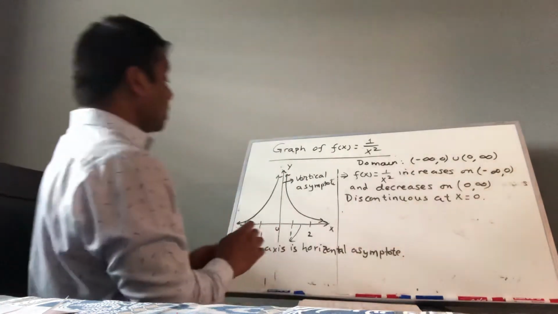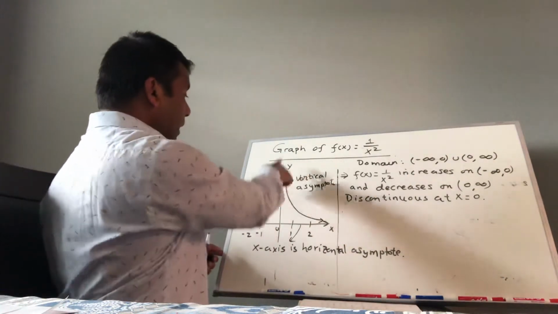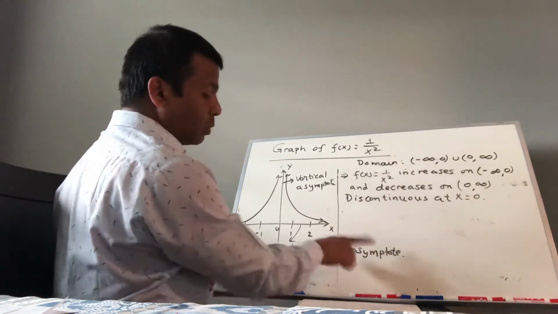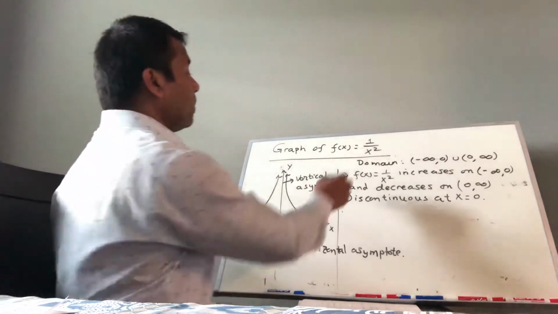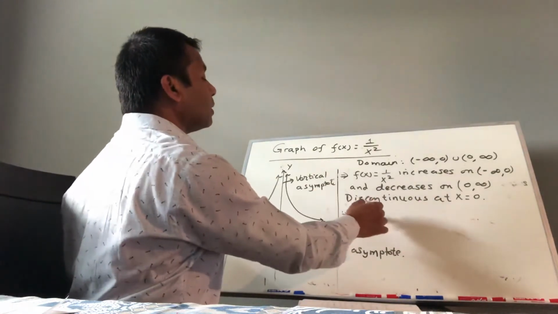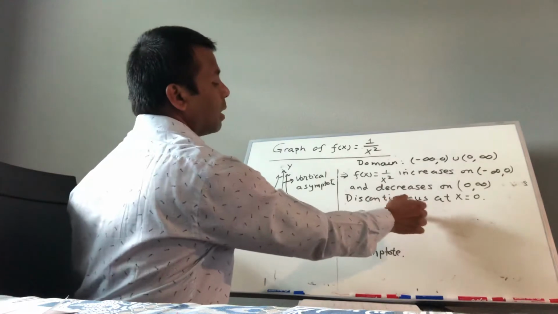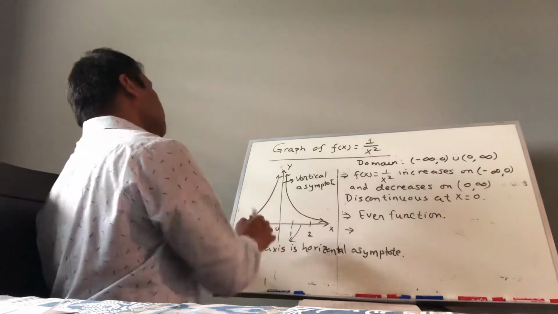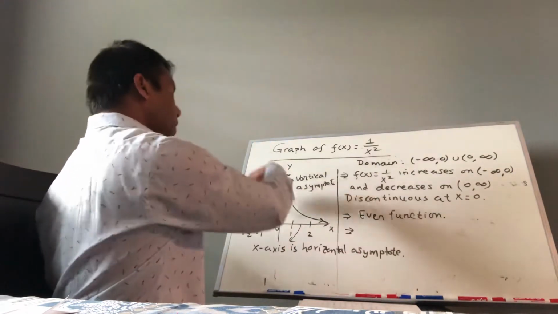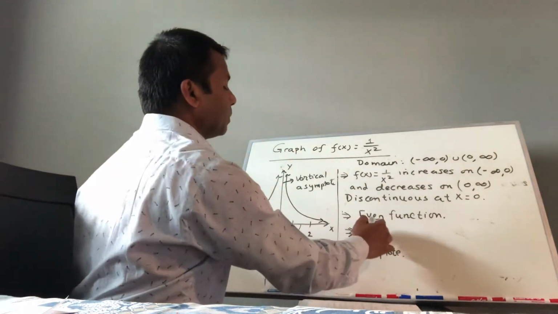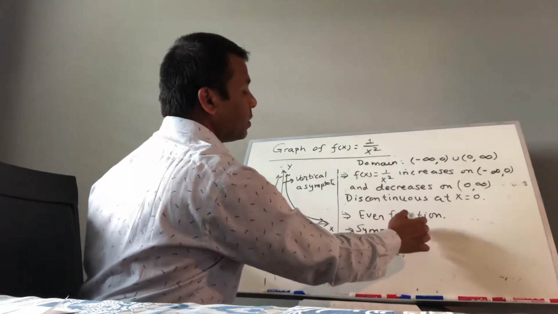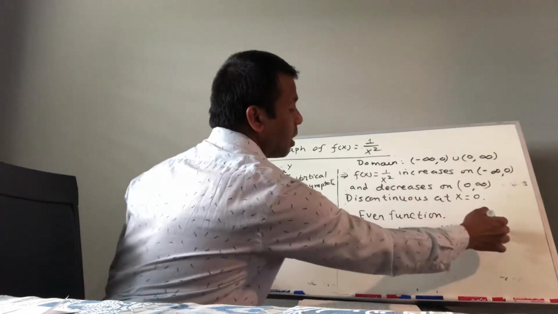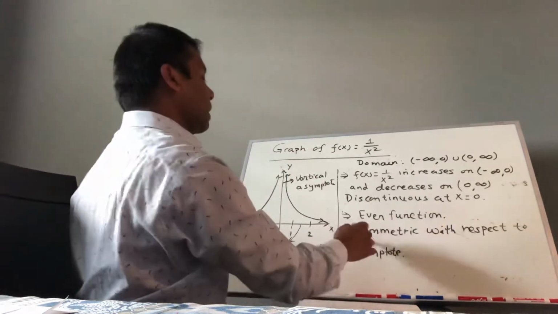And I already wrote down here that the y-axis is the vertical asymptote and the x-axis is the horizontal asymptote, and this function is an even function, symmetric with respect to the y-axis.